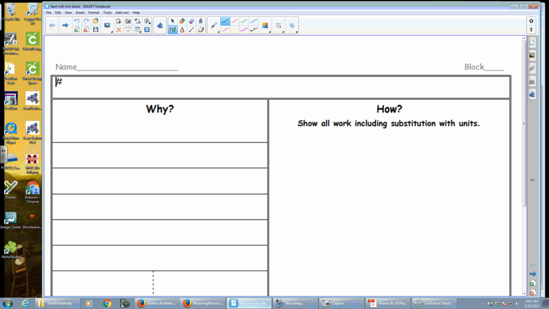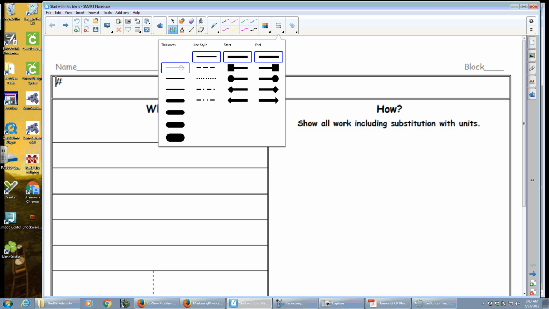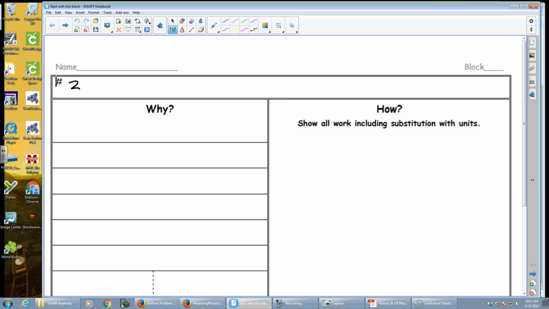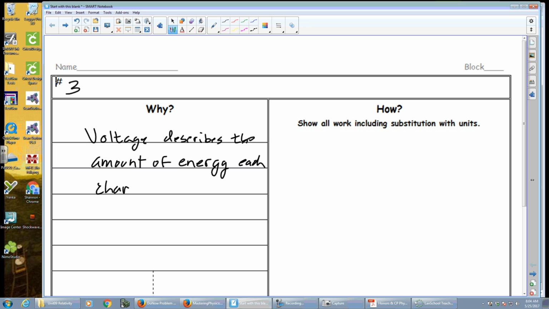So let's see, this is number 3, and so my Y would be that something like voltage describes the amount of energy each charge has.